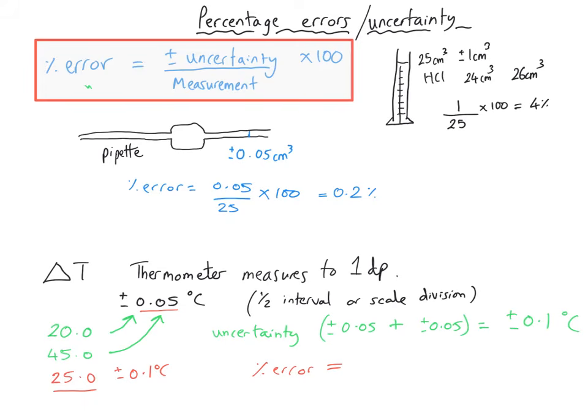And so to calculate our percentage error, we need to take this uncertainty of 0.1, divide it by 25, and then multiply it by 100, which on this occasion is going to give us a percentage error of 0.4%.